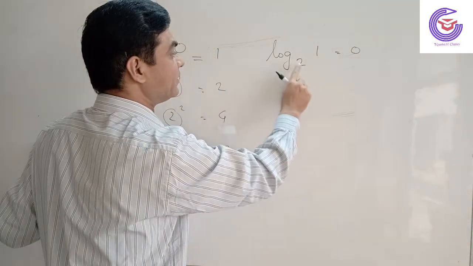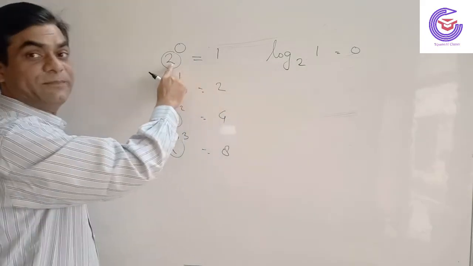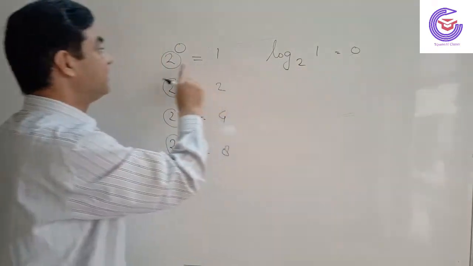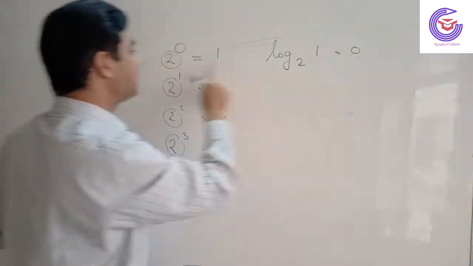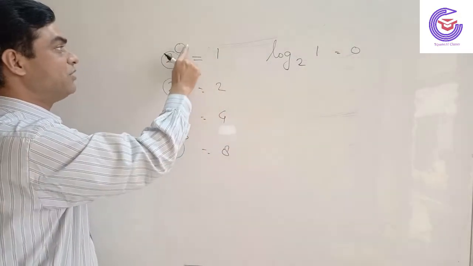Here we write the base, 2, as the base, and the exponent or index is the value which comes on the other side.